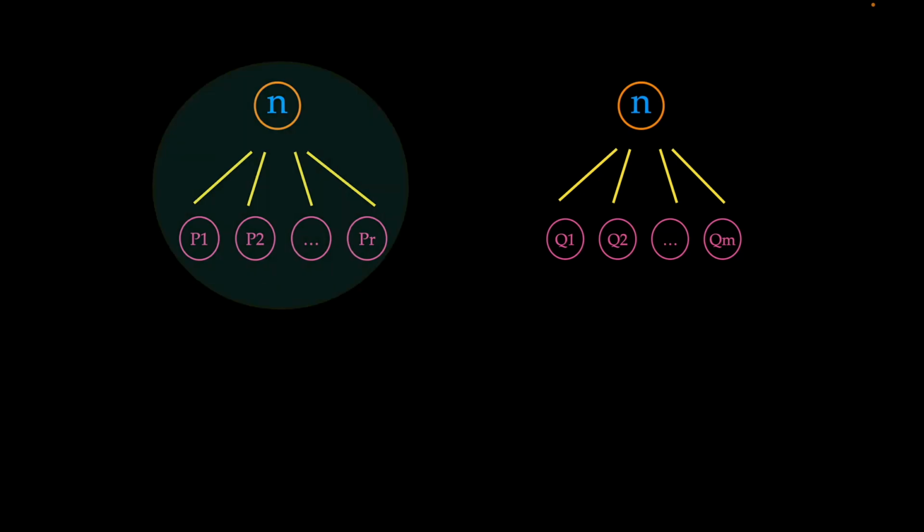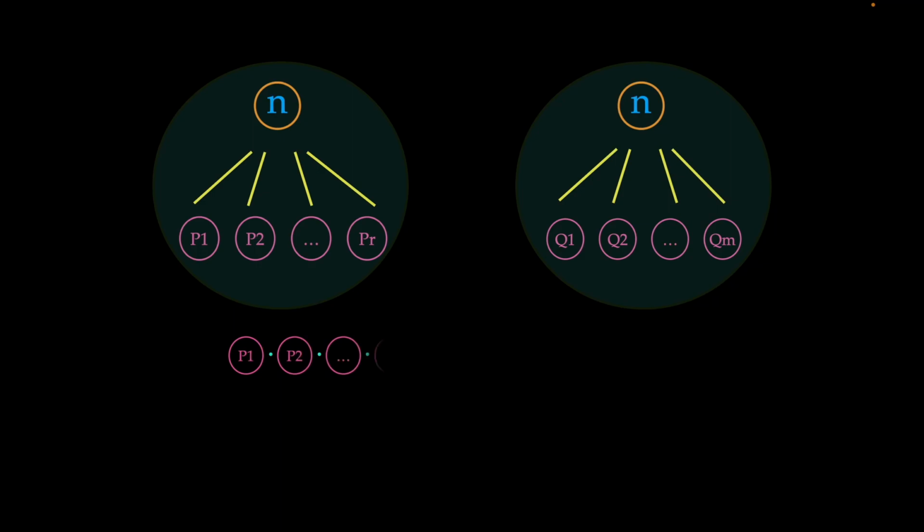So what we are seeing here is that the product of p1 times p2 and so on should equal the product of q1 times q2 and so on until qm. But we don't know what the relation between those prime numbers is. We don't know if p1 equals q1 and p2 equals q2.